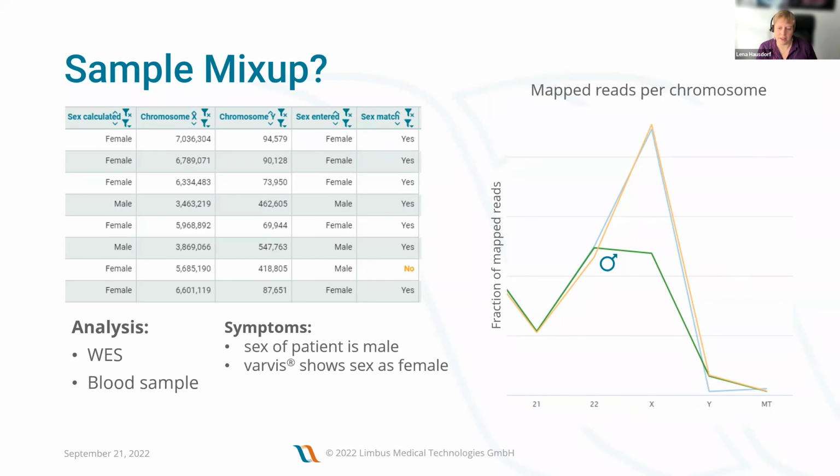The blue line is a typical female sample with double the amount of reads on the X chromosome and nearly no reads on the Y chromosome. And the orange one was the case in question, and that was XXY. So the sex match might even indicate to you that there's something wrong in a bigger chromosomal aberration area.